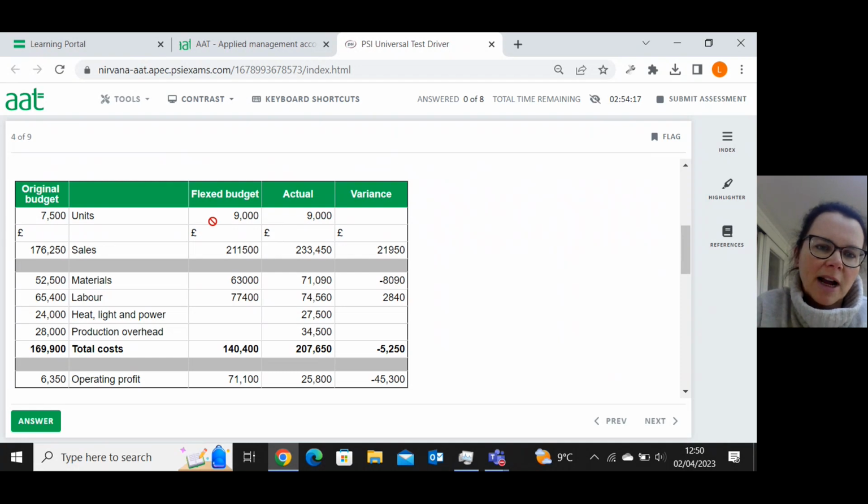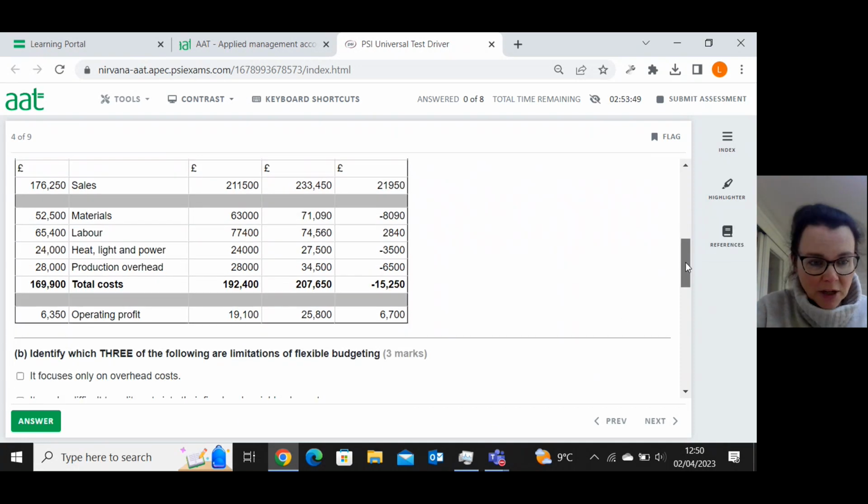So I'm okay right up to 14,000 before that cost will change. So actually it's really easy. I just leave it at 24,000, and that means that I have an adverse variance of 3,500. The production overhead is fixed, so that just stays the same. And again, I've overspent, so that's an adverse variance, and it's actually conveniently filled in all the rest for me, so that's good.